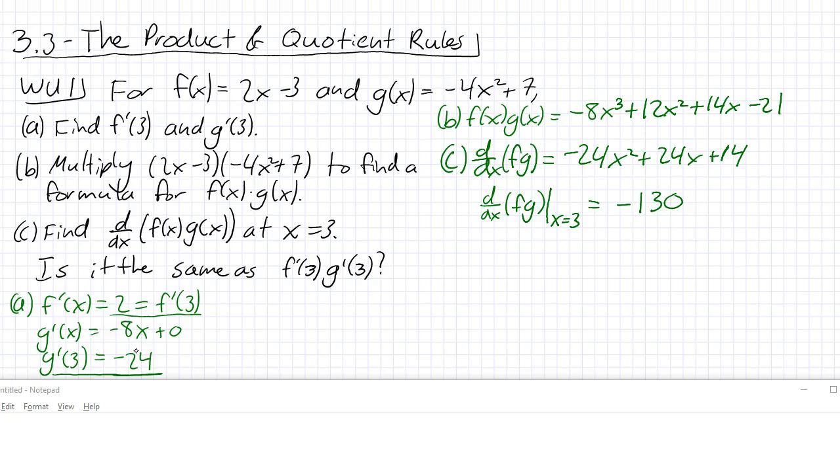Then for part B, f of x times g of x, I just FOILed it out. Here's what I got. Negative 8x cubed plus 12x plus 14x minus 21. I hope I didn't make any mistakes there.